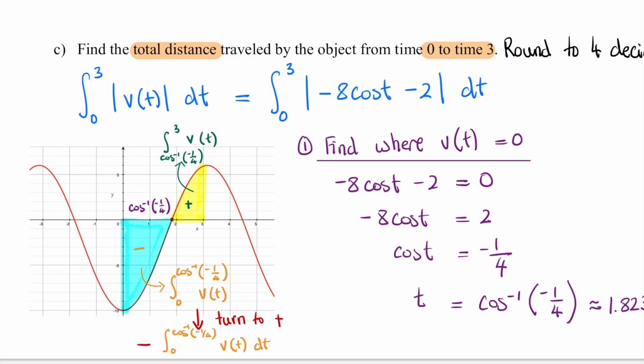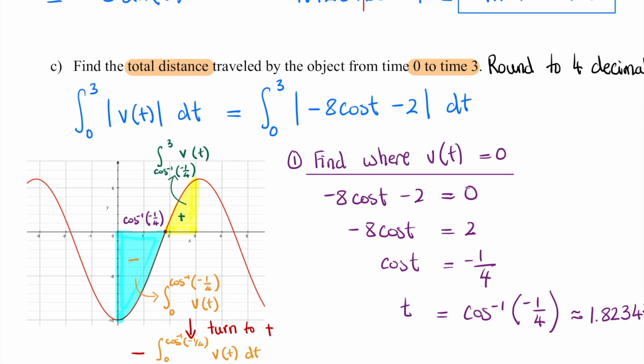So instead of just taking the integral from 0 to cosine inverse of negative 1/4 of v of t, I take the negative of that integral. This will turn this area into a positive area. So to find the definite integral from 0 to 3 of absolute value of the velocity, I need to split the integral.